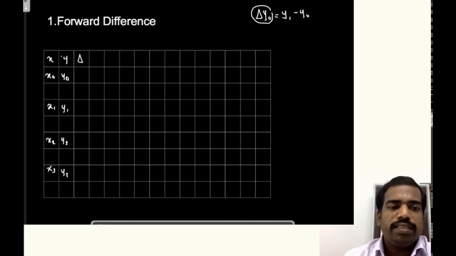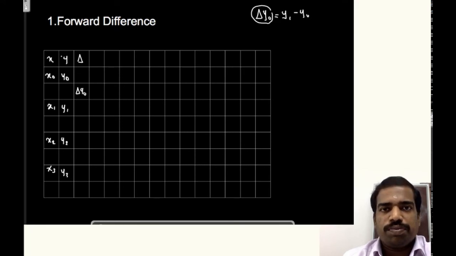So in this place, you have to write what is the difference between y1 and y0. It is delta y0. So if in the question you have some values here, just subtract these two function values, and in the middle of these two function values write the value of that delta y0.